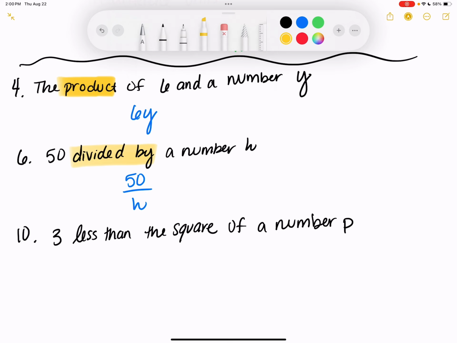So what does that imply I'm going to be doing? So that says subtraction. But it also says the square of. So what does that mean I'm going to be doing? Square what? Yep. So 3 less than the square of a number p. And so this one is p squared minus 3. Do we understand why it's that and not this?